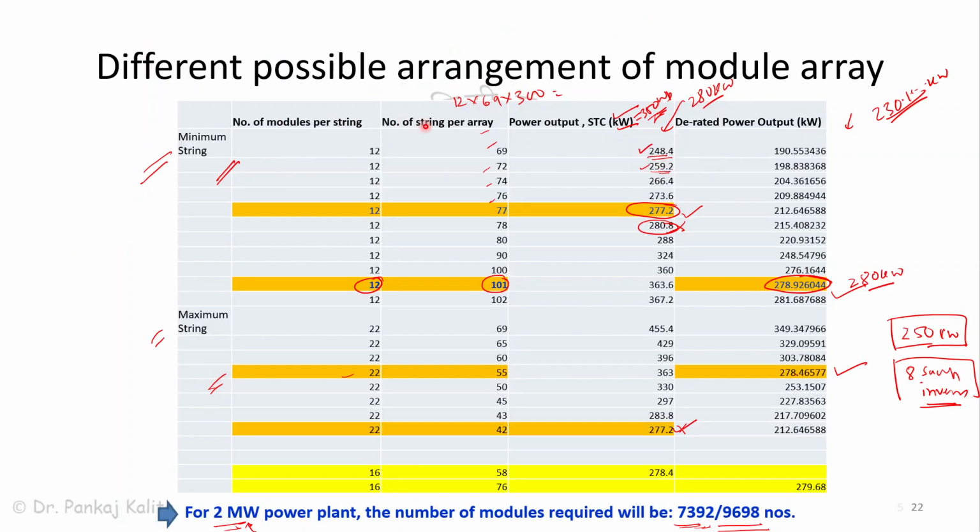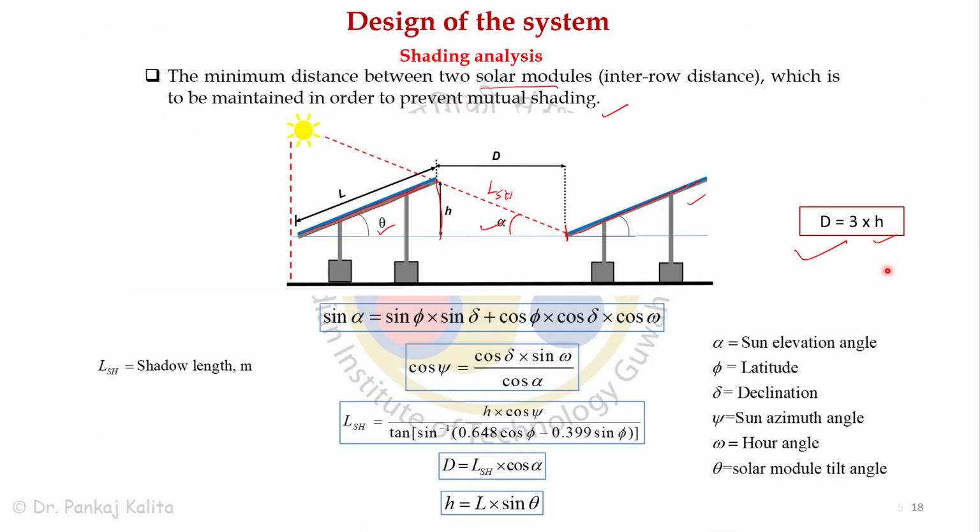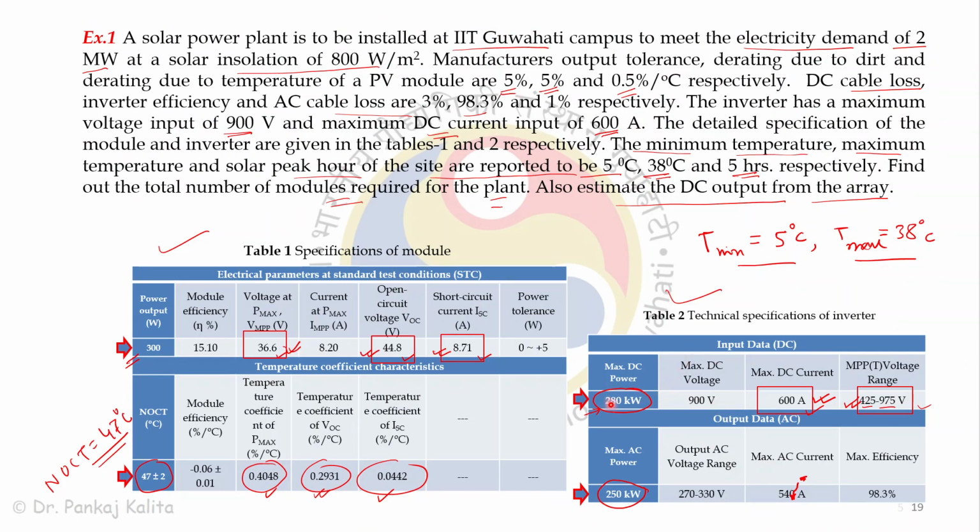Based on that, there can be various combinations. If the number of modules is 12, as calculated earlier, you just have to multiply 12 into 69 into 300, and this is the power output, and this is the derated power output. You just have to see that the output of this inverter is 280 kilowatt.